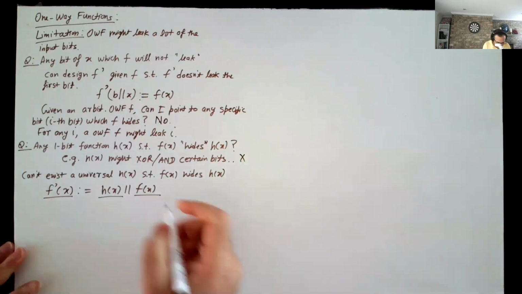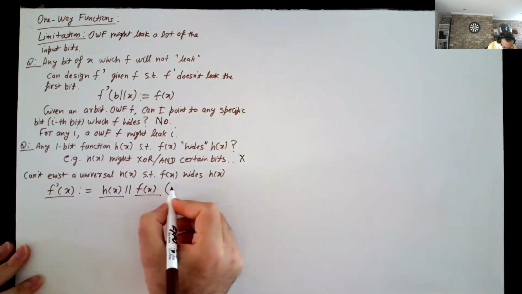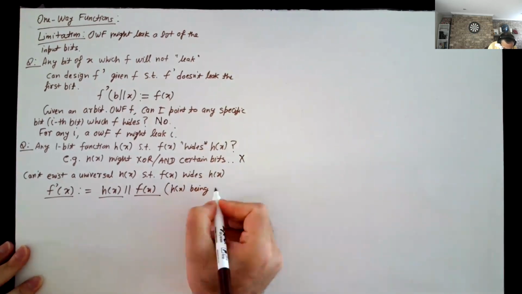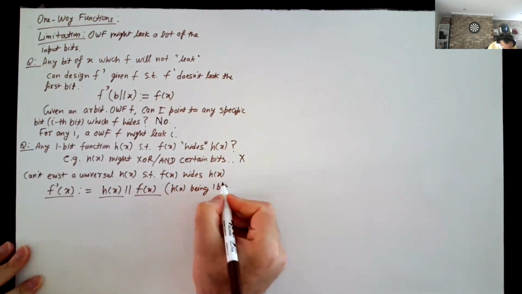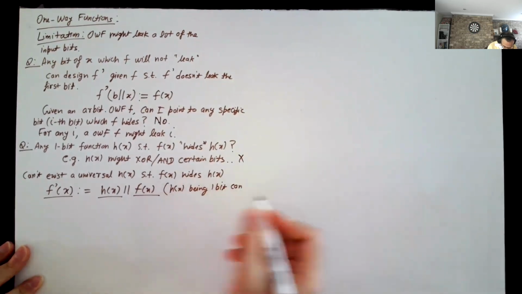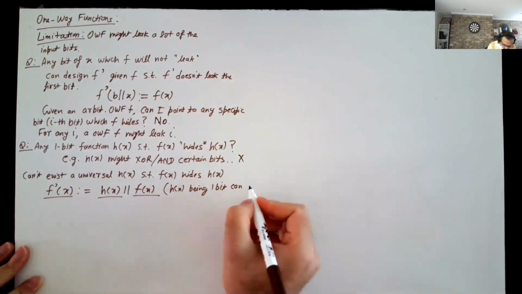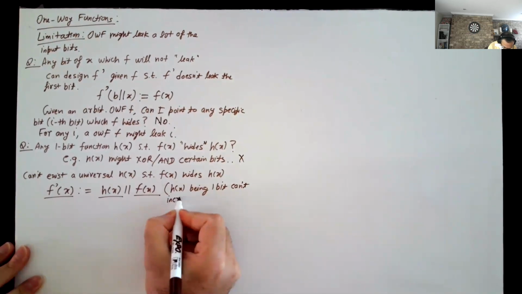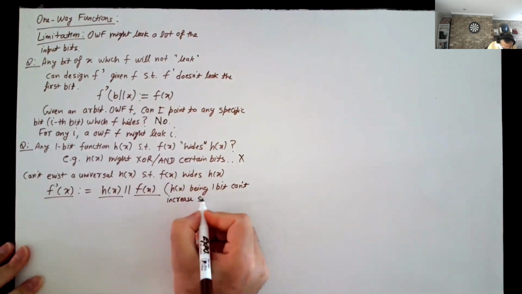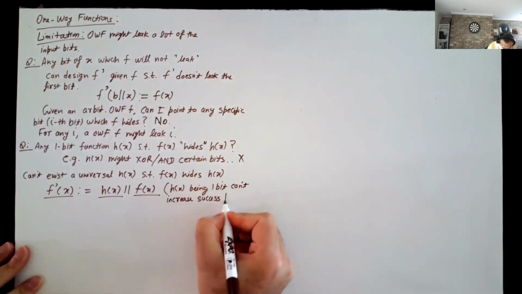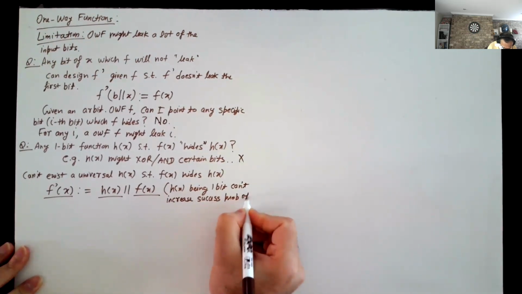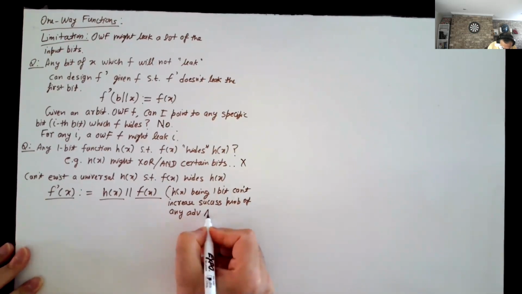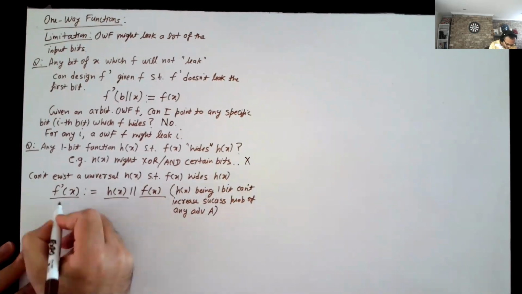Okay, and so h of x being one bit can't increase the success probability of any adversary A, and hence this is also a one-way function.